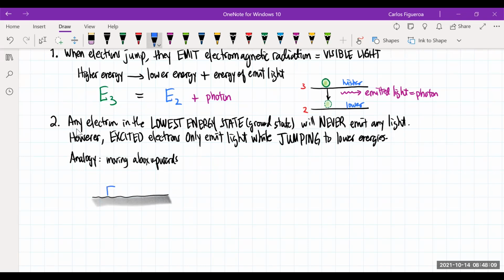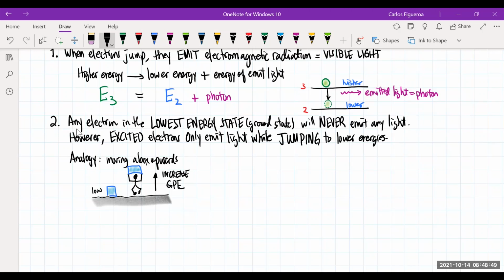So we look at the box here and we say, yep, that's at the low energy here, right? The bottom here is the low energy. But if a person picks this box up, we know that they've raised the energy of the box. So in other words, as we go upwards, there's an increase in gravitational potential energy.